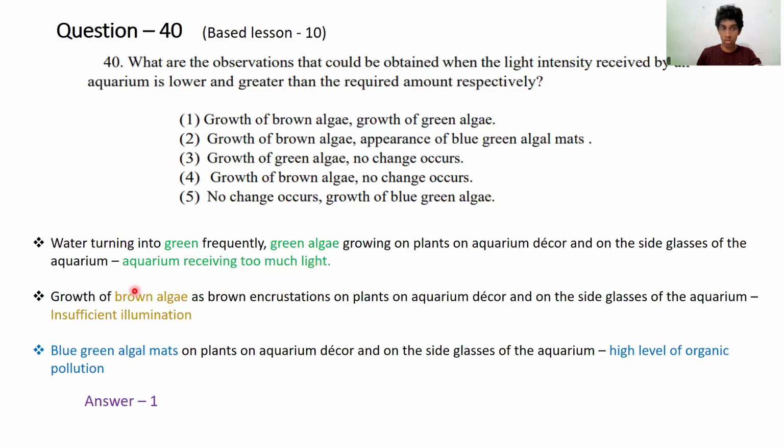And if we observe the growth of brown algae, that means there is insufficient illumination. And if we observe the appearance of blue-green algal mats, that means there is a high level of organic pollution. So accordingly, when the light intensity received by an aquarium is lower, we can observe the growth of brown algae. And when the light intensity received is greater, we can observe the growth of green algae. So accordingly, the correct answer is the first one.